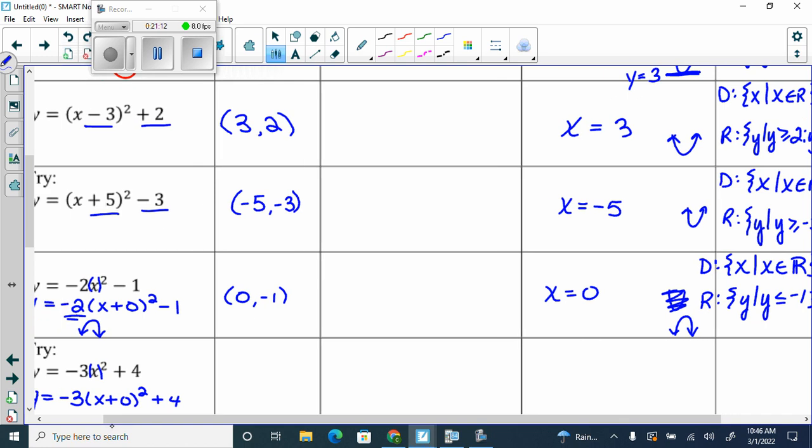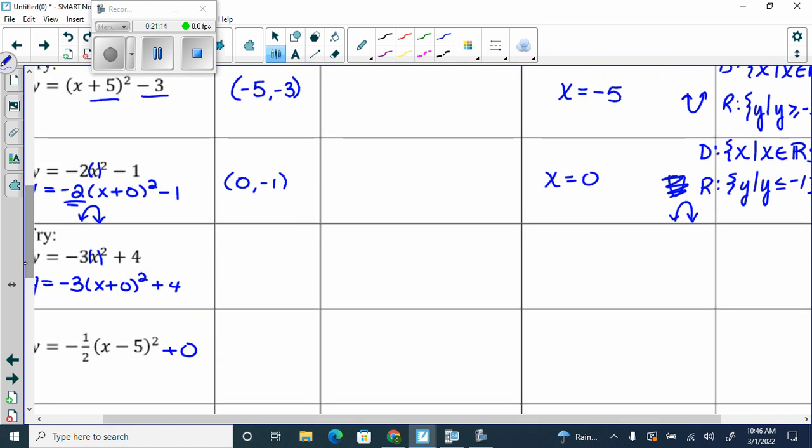Okay. Now I'm going to bug James. What's my vertex? Sorry, not this one. The one above. 0 and 4. Exactly. What's my axis of symmetry? X equals 0. Is it concave up or down? Down, because of the -3. My domain?